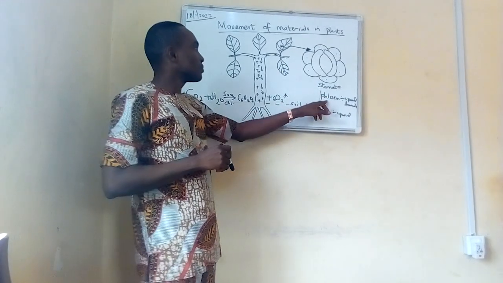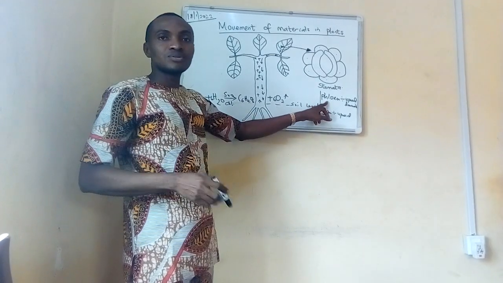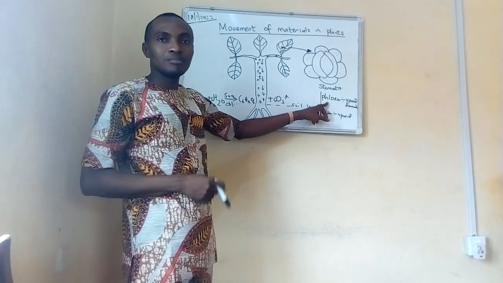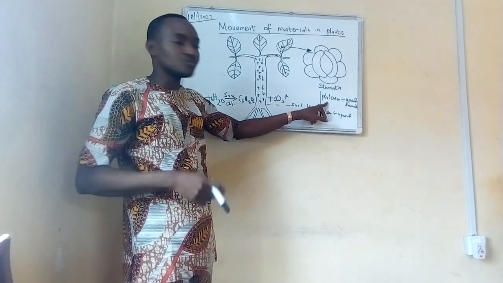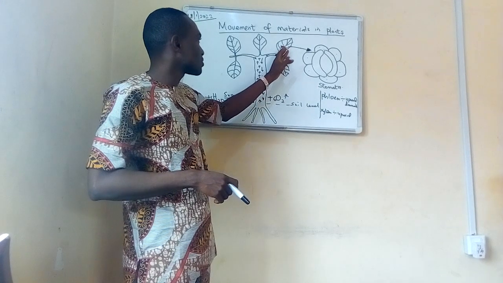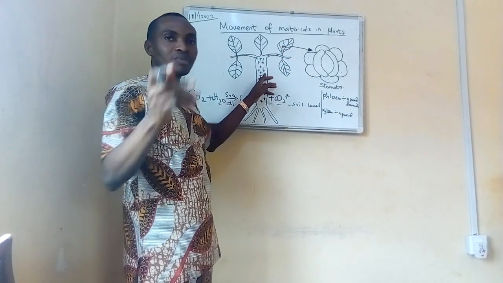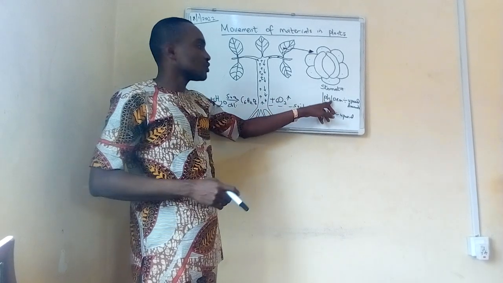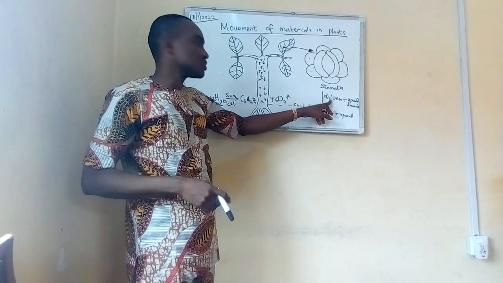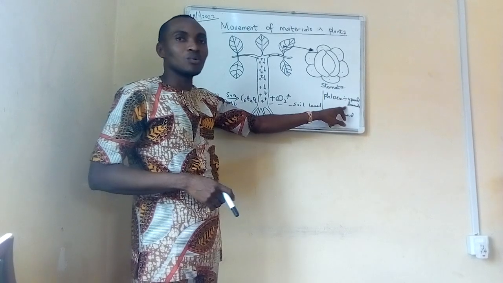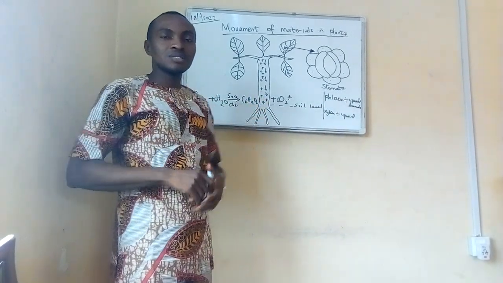But in the phloem, we already know that phloem translocates organic compounds or manufactured food from the leaves region through the branches, then to the stem. So invariably, movement of material or manufactured food in the phloem is both upward and downward. How is it downward?